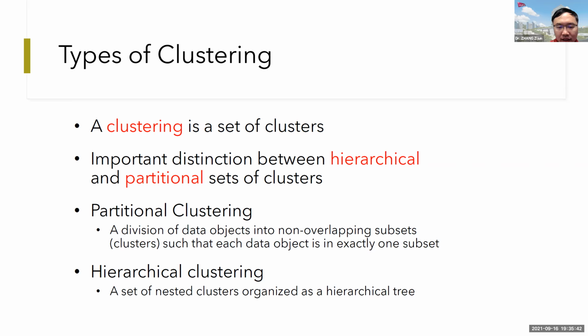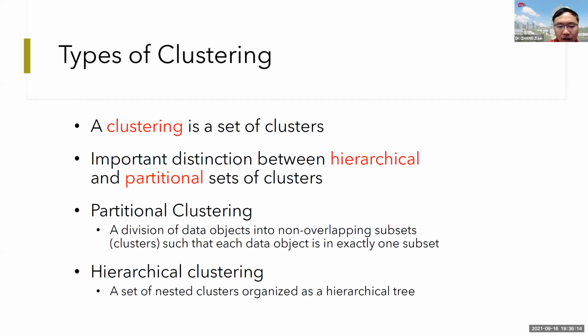Partitional clustering analysis means that, given a full data set of N points, we would like to divide the data objects in this data set into non-overlapping subsets. These non-overlapping subsets are actually the clusters. And we do such a division so that each data object is in exactly one subset.